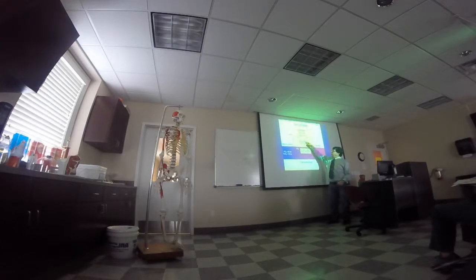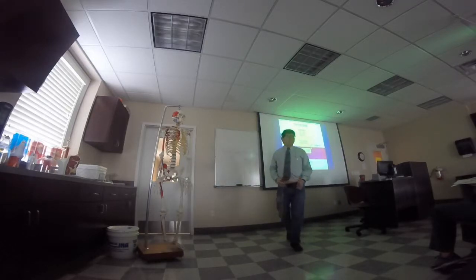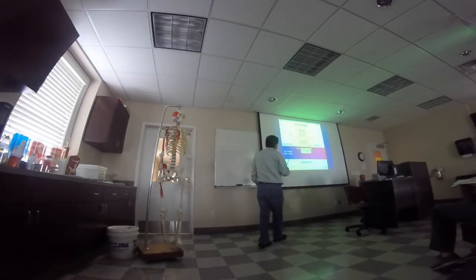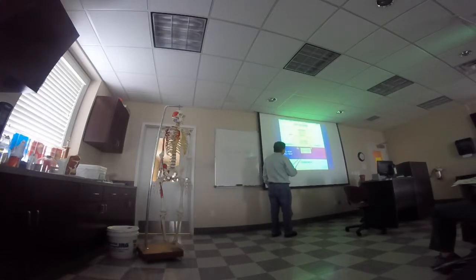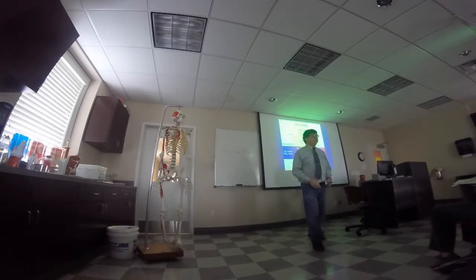So when oxygen crosses this membrane, it's going to cross from the alveolus into the pulmonary capillary blood following its pressure gradient. By the same token, CO2, because its content here in the blood is higher than it is in the alveolus, is going to move from blood to air following its pressure gradient.